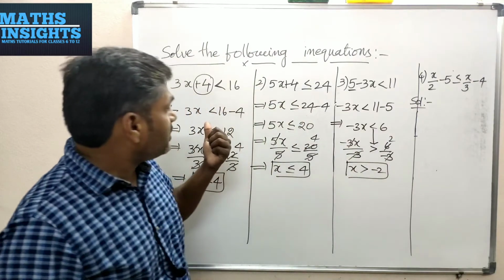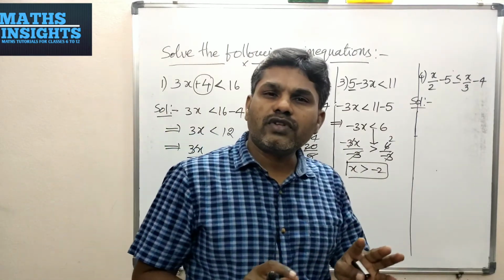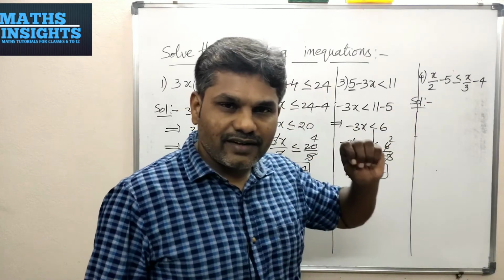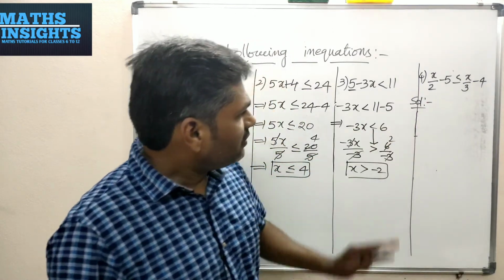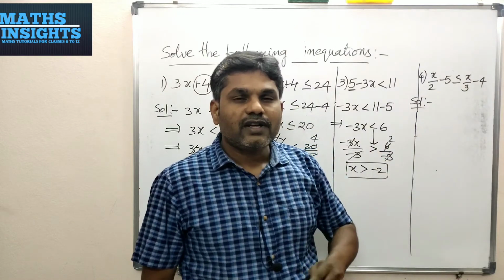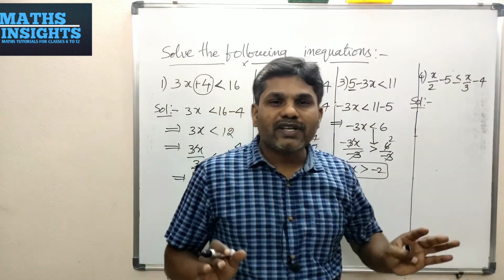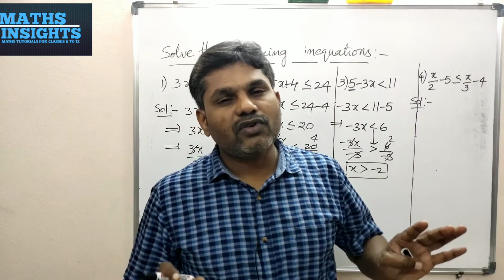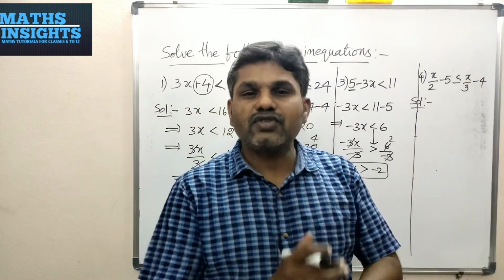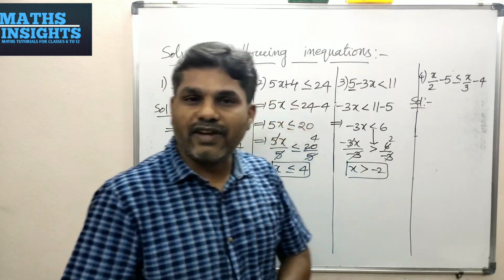So far in these three problems, you have variables on only one side of the inequality, but I have taken a different problem in which you have variables on both sides of the inequality. In this case, you have to bring all the variables for which you are going to find the solution to one side of the inequality.